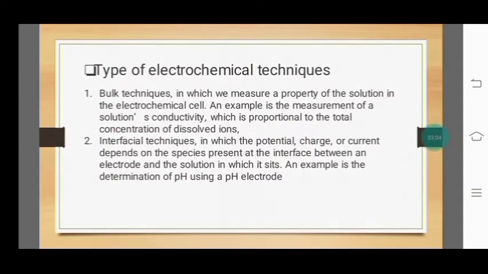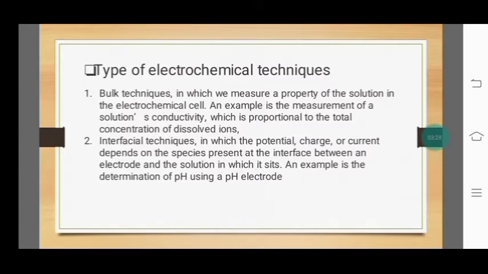Types of electrochemical techniques. There are 2 types: first, bulk techniques, and second, interfacial techniques. In bulk techniques, we measure a property of the solution in the electrochemical cell.